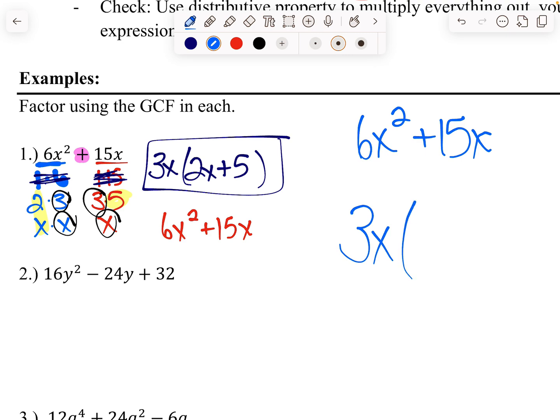So from here, if you want, you can just think about, okay, I'm going to divide everything by 3x. So 6x squared divided by 3x would give us 2x. Plus sign, 15x divided by 3x. The x's would eliminate, and we would get 5. So you get the same exact answer. So if you don't need to make a list, you don't have to.